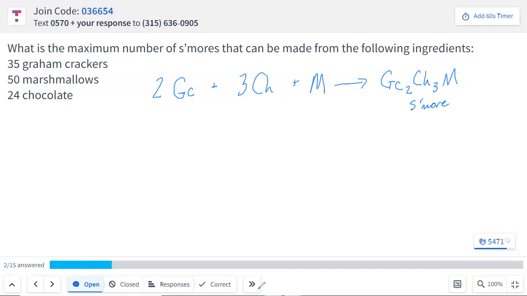If this is what I have, how many of those final products can I make? So I'm looking for a number here.